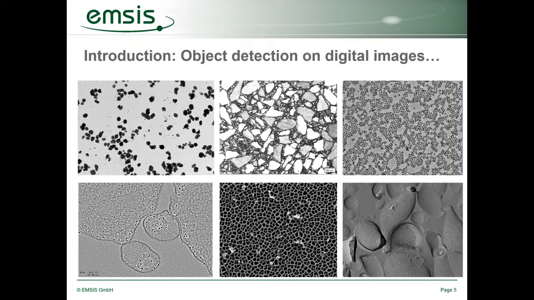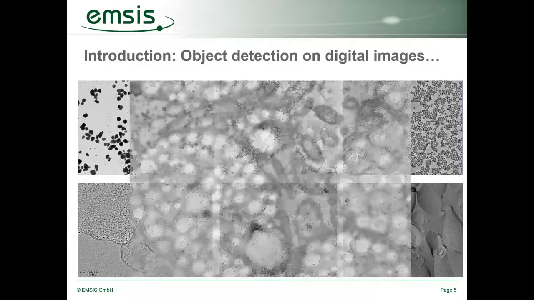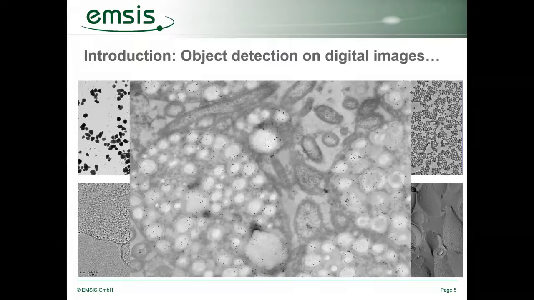Even in the image here in the middle where you have some concrete, you can identify different gray values, and it's easy for you also to separate white from gray particles.